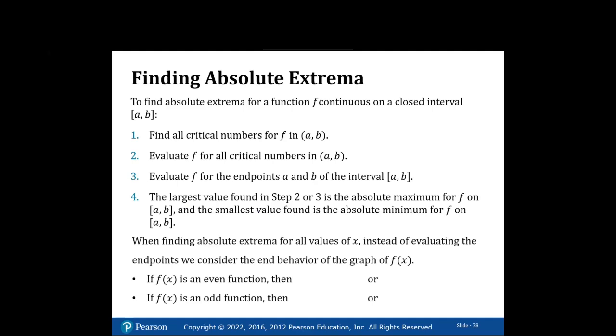But if I'm finding absolute extrema for all values of x, so like if I had x squared, or e to the x, or something that's defined on all x values, then instead of considering the endpoints like we would do for a closed interval, we need to consider the end behavior of the graph. Like I had said a couple of times through these examples, this is an even graph, so the ends go the same direction.